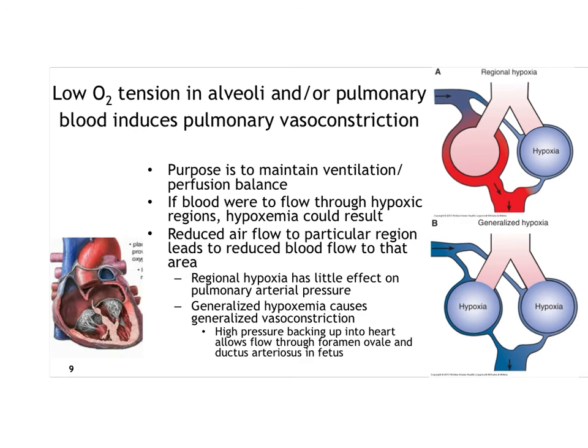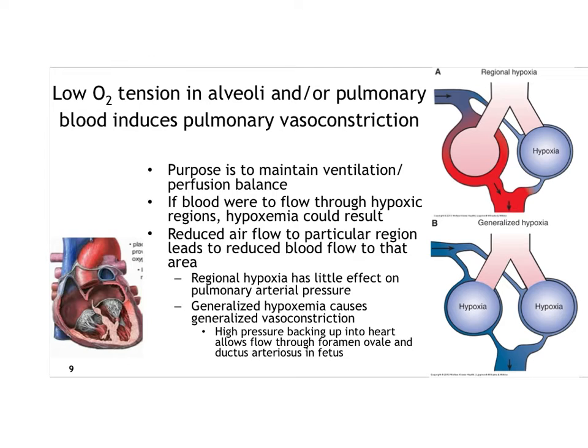Another concept, and really that's what we're building on right now, these different respiratory concepts of pulmonary circulation, is that when you have low oxygen tension in alveoli, so I don't have a lot of oxygen in there, I've got a hypoxia in essence, God does this really unique thing.